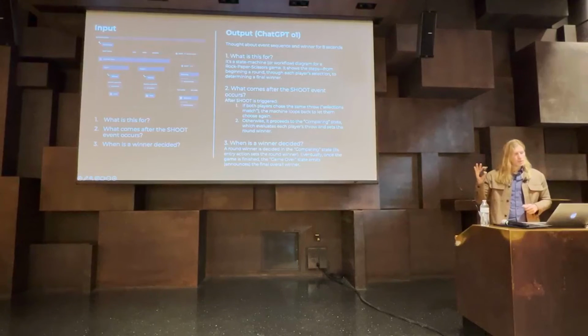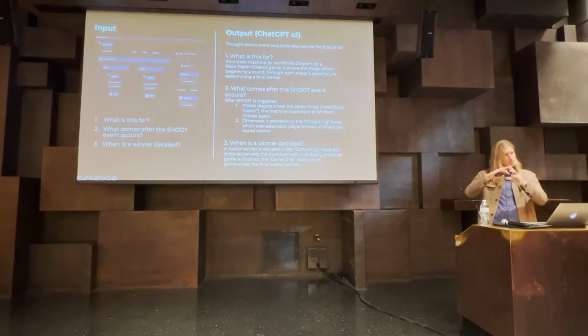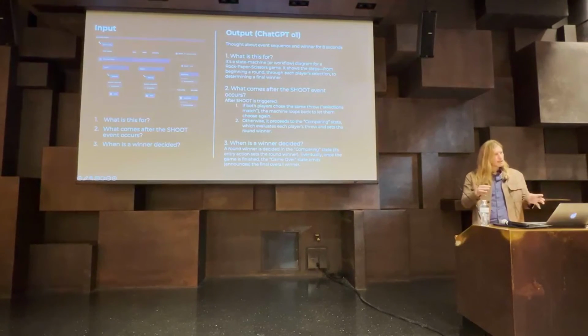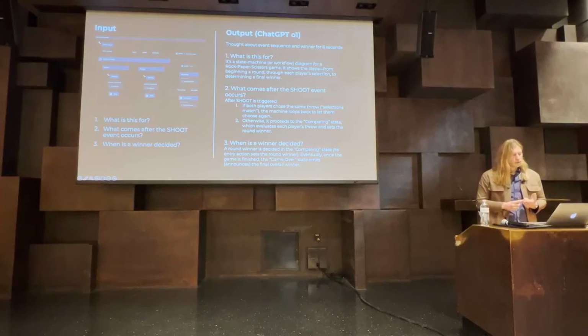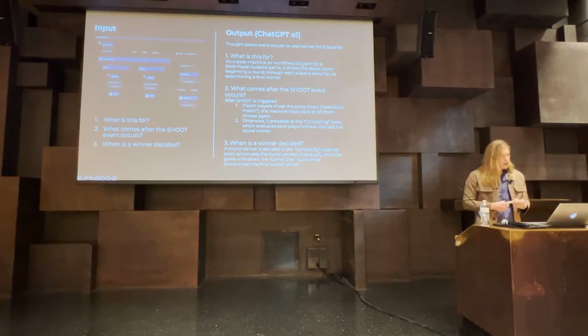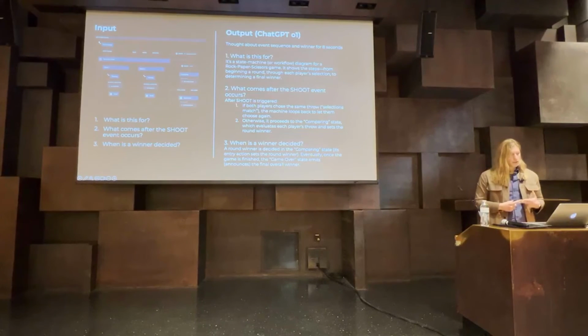So for testing purposes, I passed a visual depiction of that state chart. I passed an image to ChatGPT o1 and asked it, what is this for? It's a state machine diagram for a rock, paper, scissors game. What comes after the shoot event occurs?